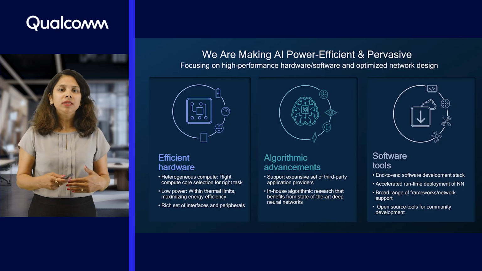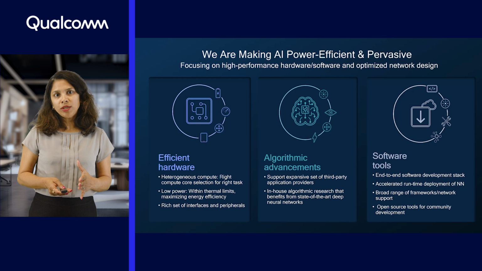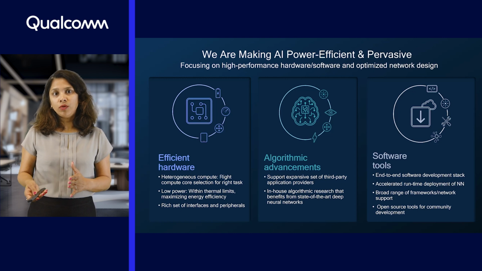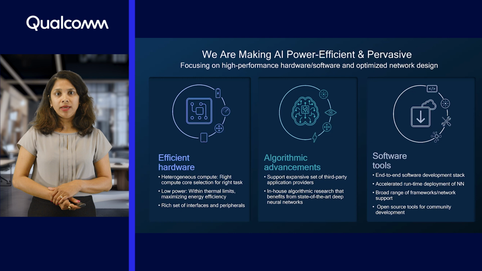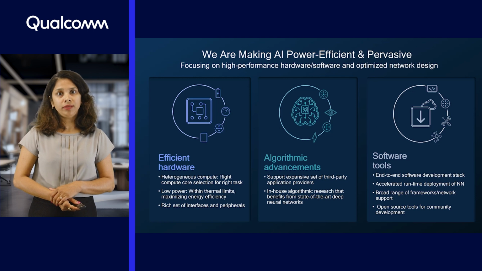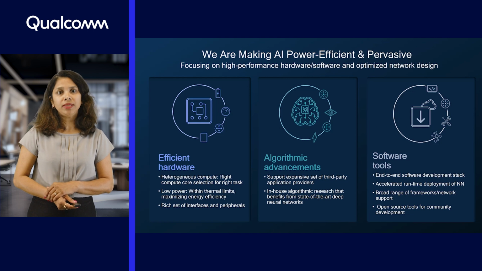By working internally and externally with these state-of-the-art applications, we are able to make sure that our software is always evolving. Our hardware is always able to cater to these kinds of applications, use cases, and models underneath. So with those three main pillars, Qualcomm Technologies is able to stay at the forefront of making this AI enablement possible for the use cases that we have been seeing.